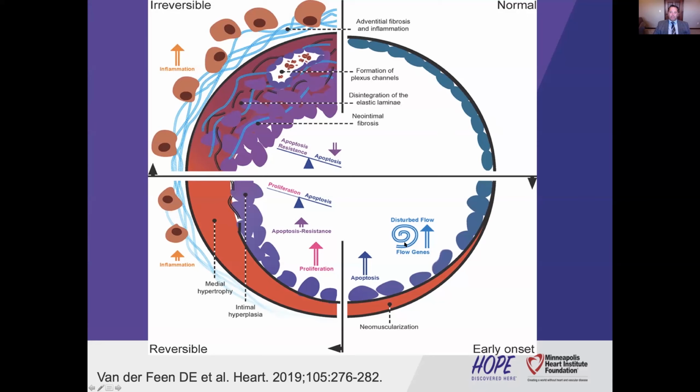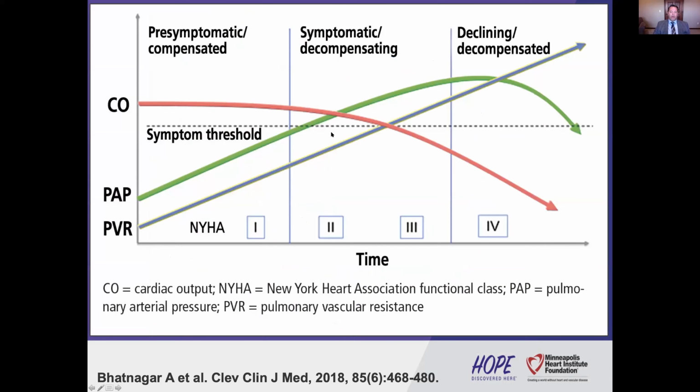However, over time, signals occur which lead to increased proliferation and decreased apoptosis, which leads to intimal hyperplasia, medial hypertrophy, inflammation, which then cascades further to the point where the lumen becomes almost disintegrated, and you get these plexiform channels and an in situ thrombus forming, or a near obliteration of the pulmonary arterioles.